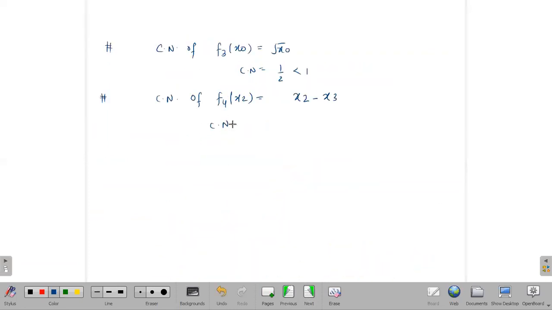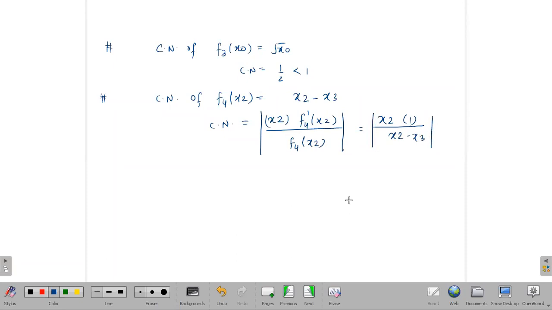Now find the condition number. x2 is a variable, so you multiply it by x2, then derivative with respect to x2 divided by f4 of x2. So now take x2, derivative is 1 because x3 will be treated as a constant here, into 1 divided by x2 minus x3.